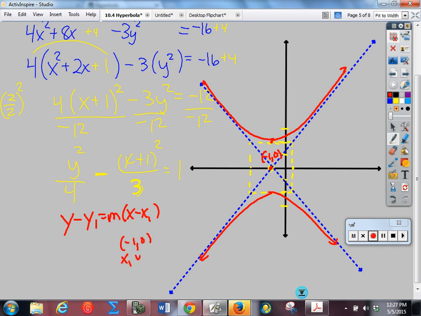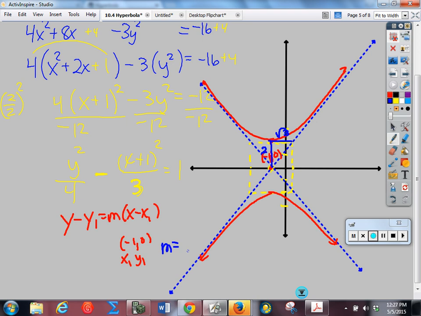I go up 2 over square root of 3. Remember it was like 1.7. So the slope of this one is 2 over the square root of 3. That's kind of ugly. Most of them probably won't be square roots.